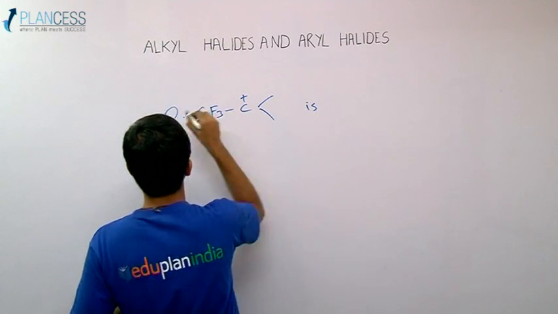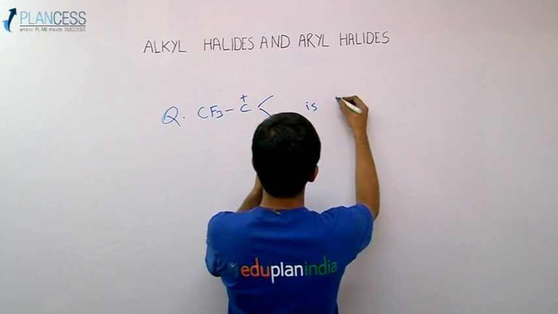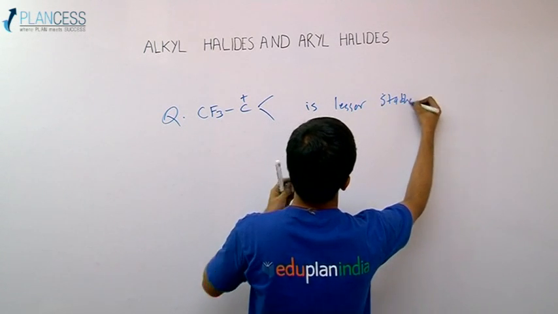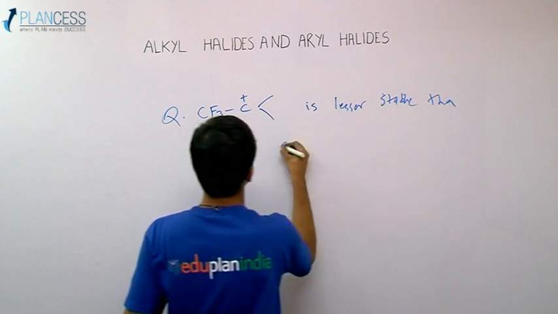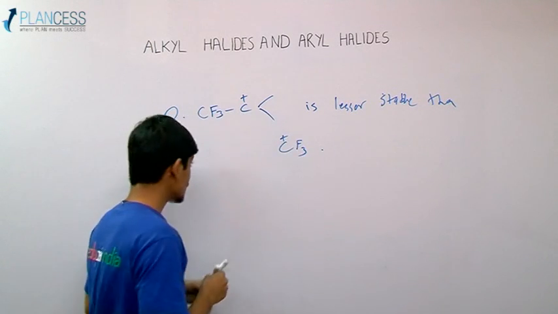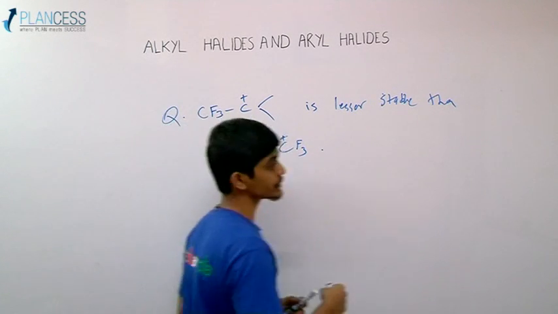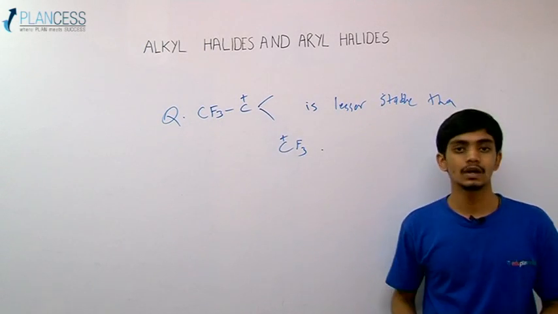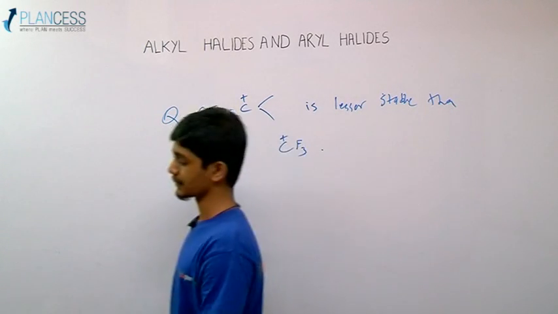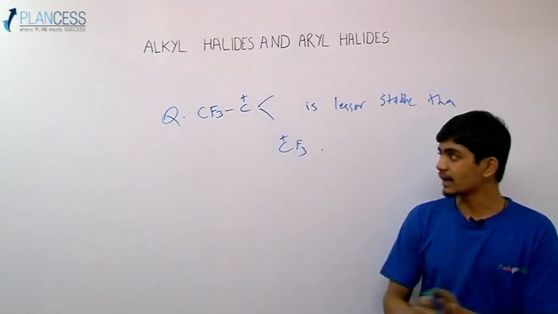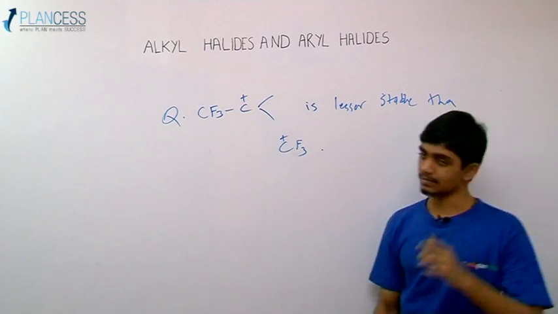You have to tell why this is less stable than CF3 plus. CF3 plus is seemingly more stable than the C plus with a CF3 group and two alkyl groups. Tell me, what is the possible reason why this is less stable as compared to this?